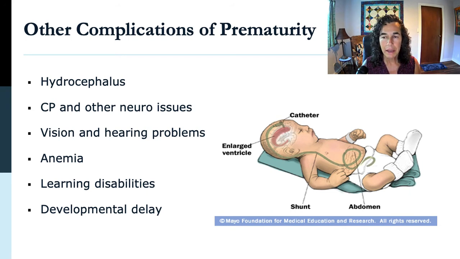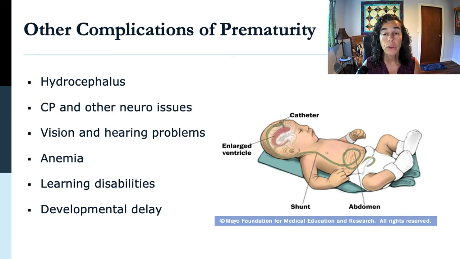And in this diagram, the child has had a shunt inserted, which is a flexible tube that goes up to that intracranial space and helps drain off that fluid and send it back into the abdomen where it can be absorbed. Cerebral palsy is commonly associated with prematurity as well as other neurological issues, but in pediatric OT, we tend to see a lot of children with cerebral palsy, and we'll talk about that later on in this video series.